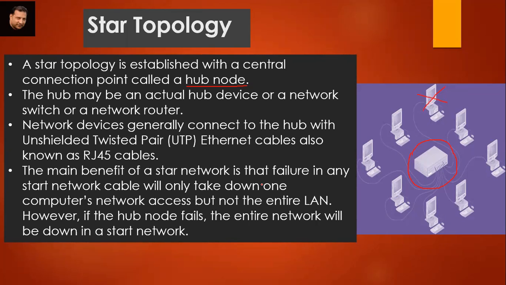It will keep working. However, if the hub node fails, obviously, what will happen? The entire network will be down. So this can be a drawback in a star network.